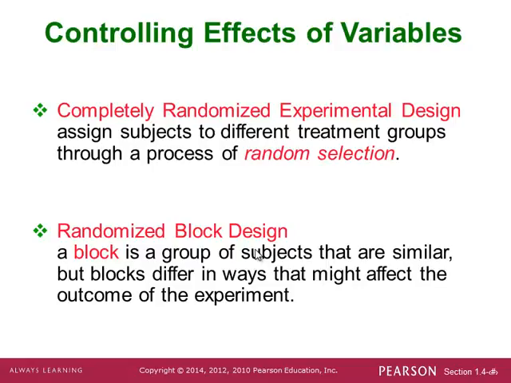And you go on down the list. So that you really take the time and effort to make sure that each group is exactly alike, or as close to alike as possible. That's the completely randomized experimental design.